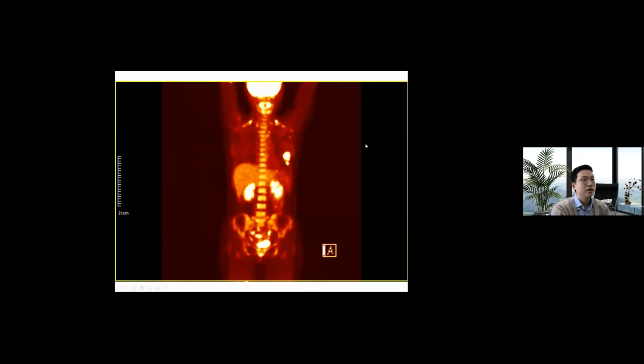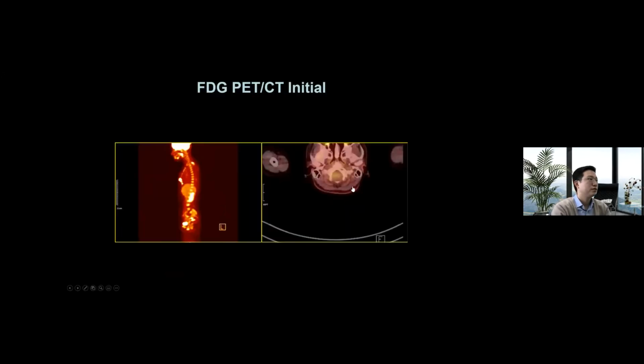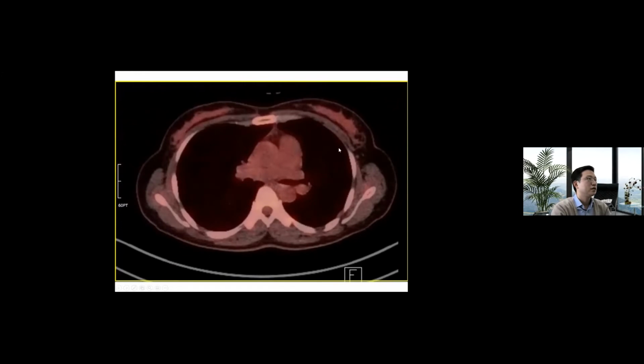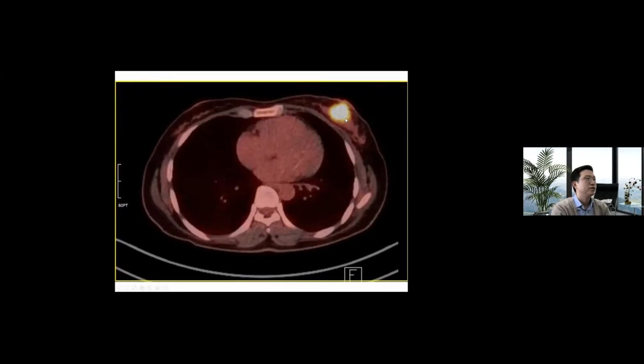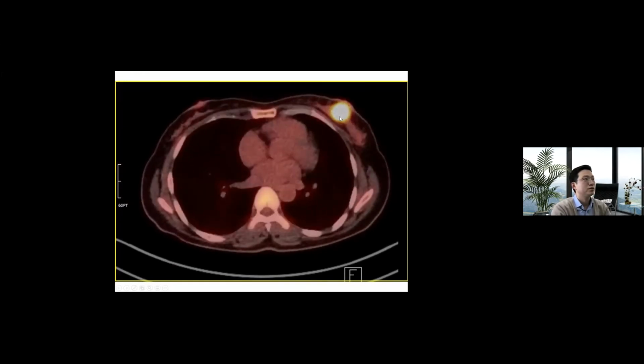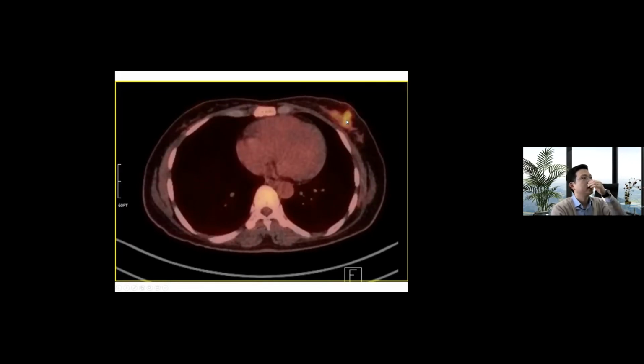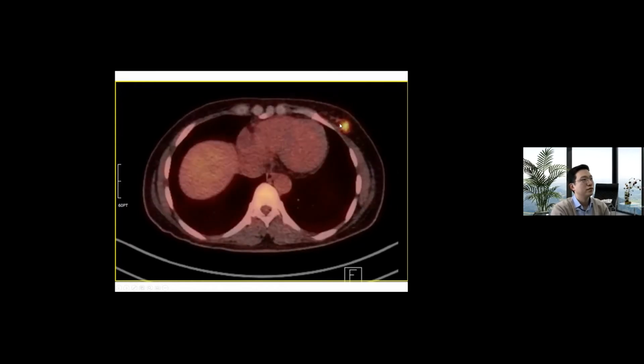We should see that in transaxial images. You can see the primary tumor first. The biggest one is in the subareolar area and some other nodules beneath here. And also far down there is one other lesion.